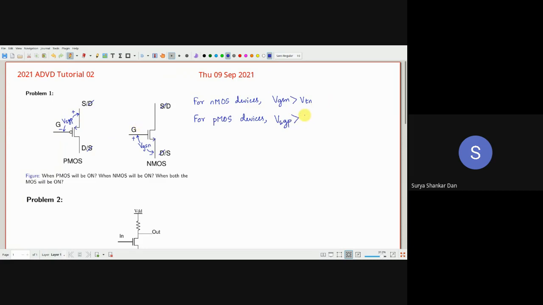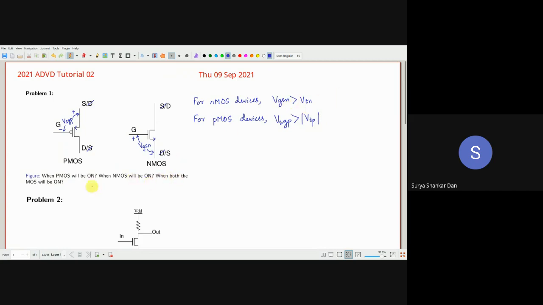But remember that VTP is negative because VT is defined with respect to VGS. So if this is for the PMOSFET, since we are taking source with respect to the gate, we will always have to put it as a mod. That means this is always positive. Now, these are the two conditions: this is the condition for PMOS to be on, and this is the condition for NMOS to be on.